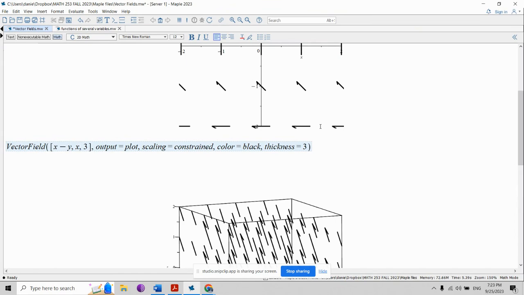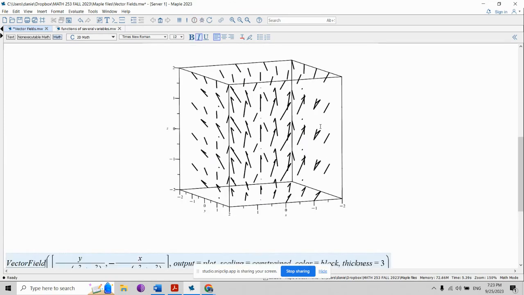The second component of the vector field can depend on x, on y, on z, or any combination of the three. But in this case, the first two depend on x and y, and the third one is constant, right? The third component is 3, which is a constant.